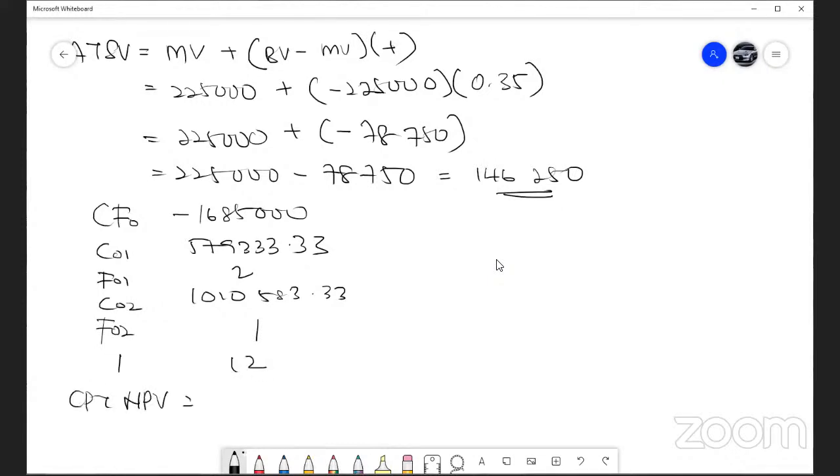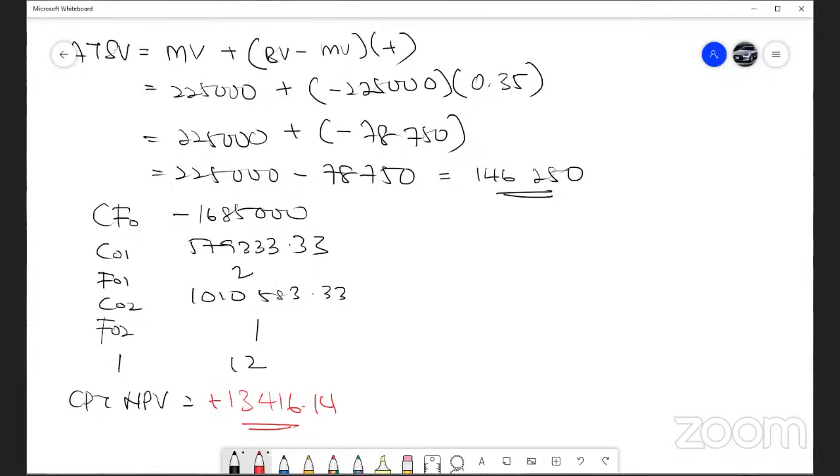What do you get? Initially it was negative 8539. So now how much? Positive 13,416.14.